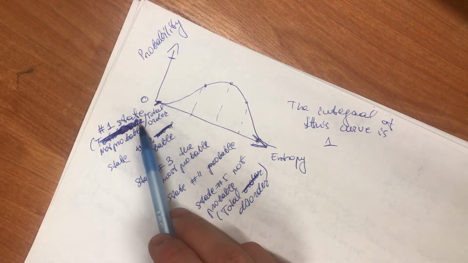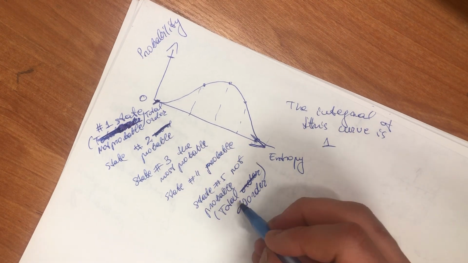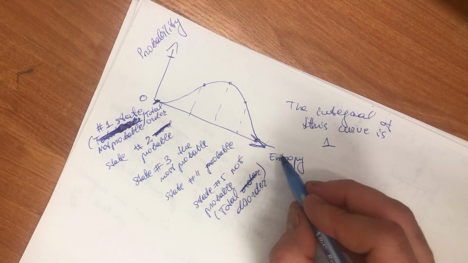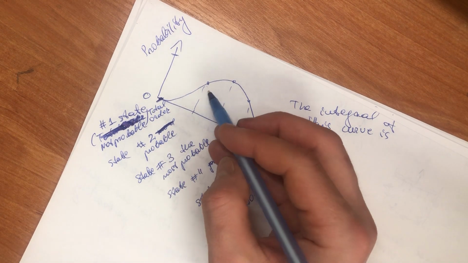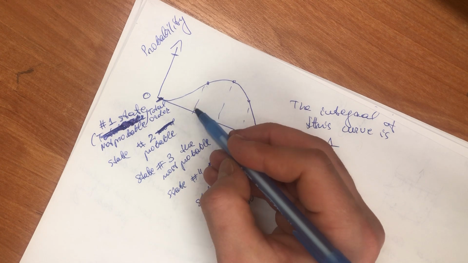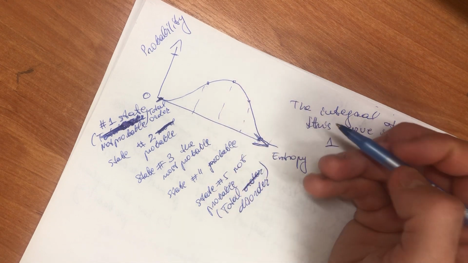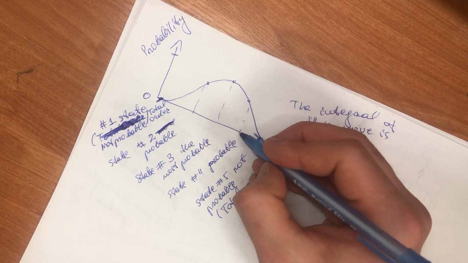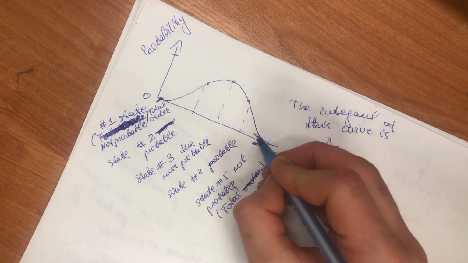Total order here, less entropy. This would be total disorder, a lot of entropy. This is a probable state where entropy is increased a bit. This has more entropy, this has even more entropy, and this has the most amount of entropy.